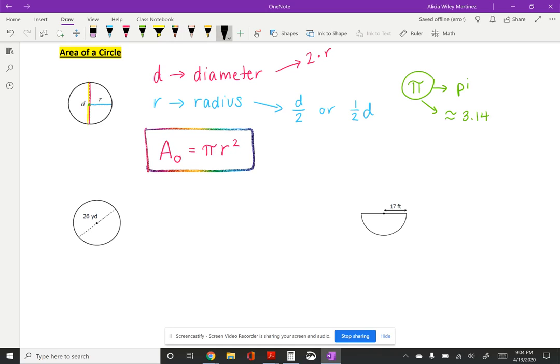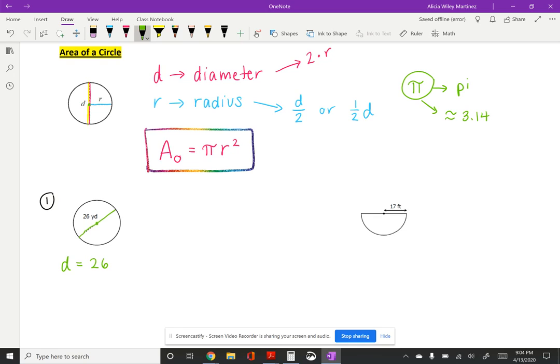If we're going to find the area of this first example, you can see in this problem that they say it's 26 yards, and there's a dotted line going the whole way across the circle through the center. That means that this value of 26 is representing our diameter, and the diameter is always represented by the variable lowercase d.